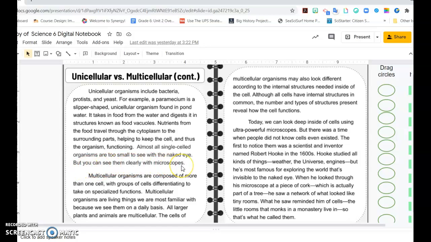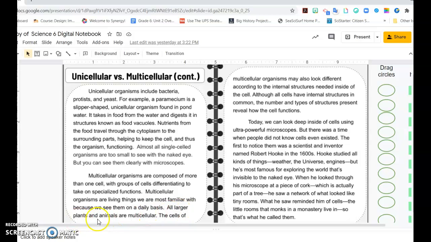clearly with microscopes. Multicellular organisms are composed of more than one cell, with groups of cells differentiating to take on specialized functions. Multicellular organisms are the living things we are most familiar with because we see them on a daily basis.